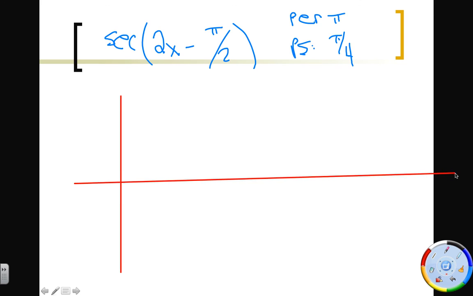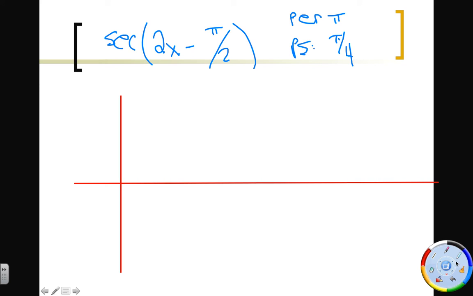I'm going to deal with the cosine version, because I know that cosine goes from 0 to 2 pi normally. But let's say that's 2 pi, let's say that's pi. And I hope you all can figure out what my other dashes are going to be here.